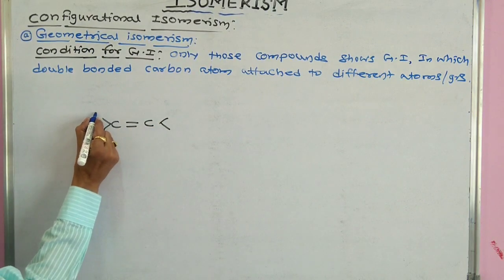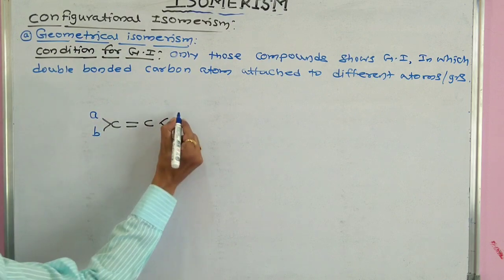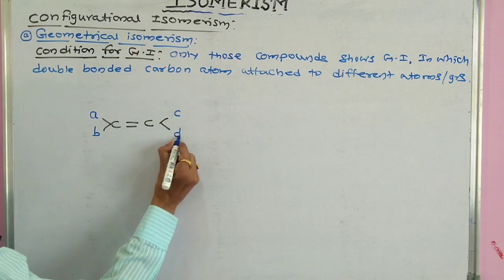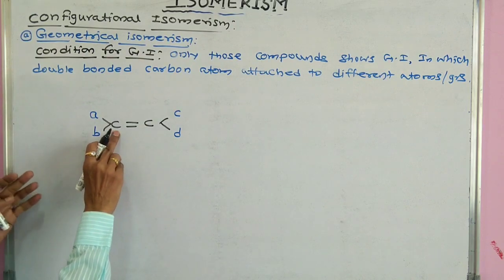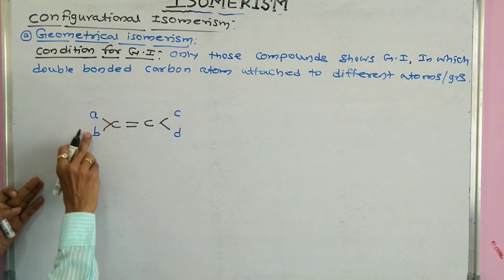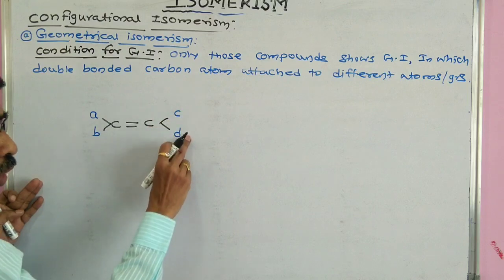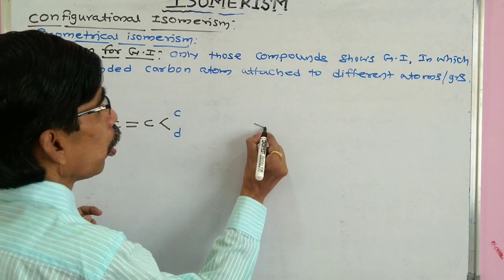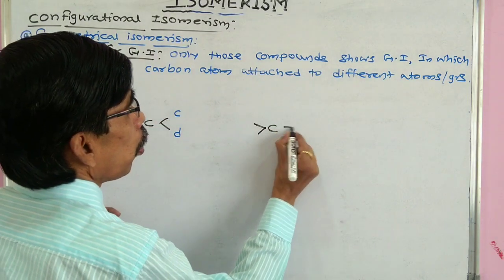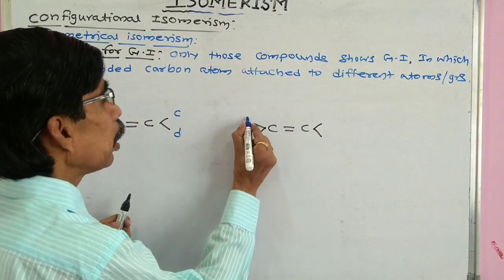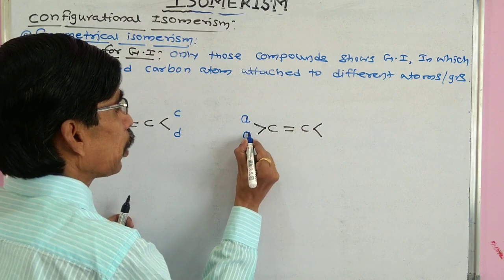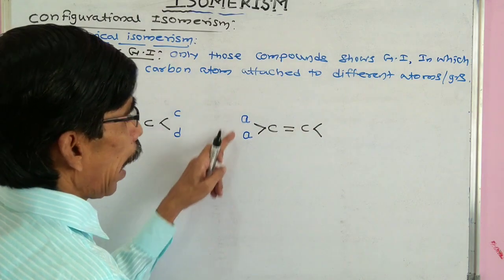Now this is A, B, C, and D. In this compound, the double bonded carbon atoms are attached to different atoms or groups. But in this example, the double bonded carbon atom is attached to the same atoms or groups.